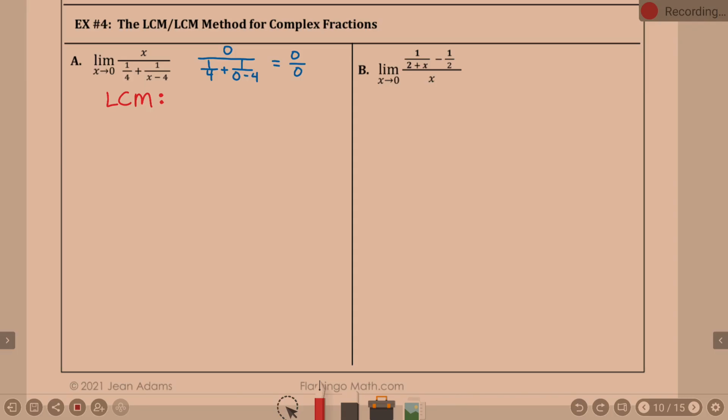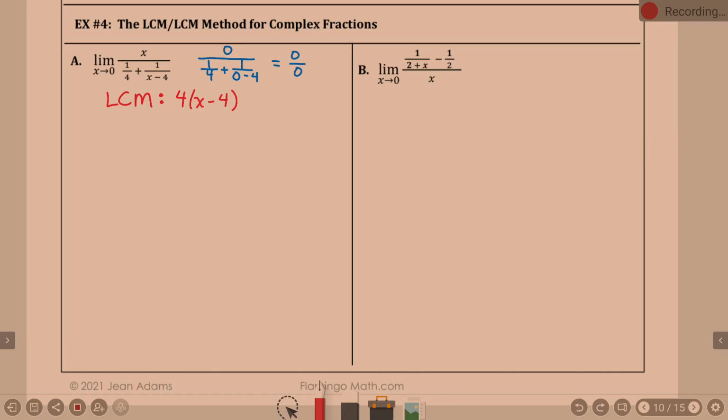One denominator is 4. The other denominator is x minus 4. The common denominator is just those two pieces shoved together. So my least common multiple is just 4 times x minus 4.